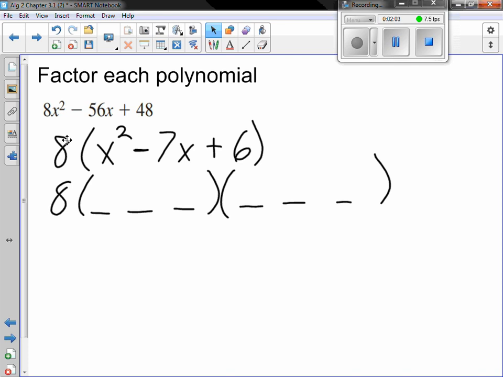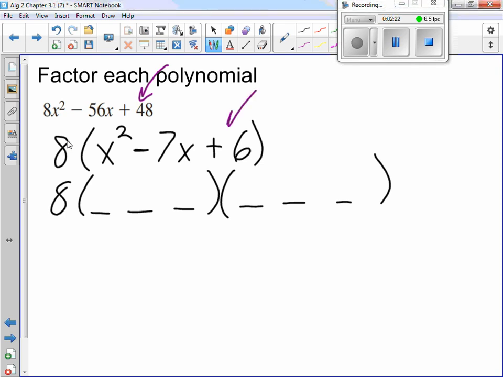So the sign of the constant term. It's always based off the constant term. I know on the board I didn't write it: if the constant term is negative, then the signs are opposite. If the constant term is positive, the signs are the same and they match the sign of the middle term, which is negative.